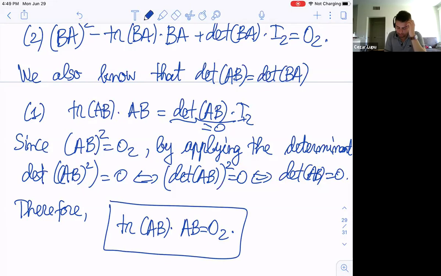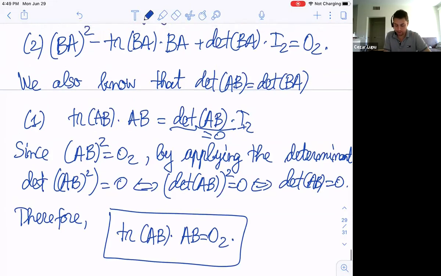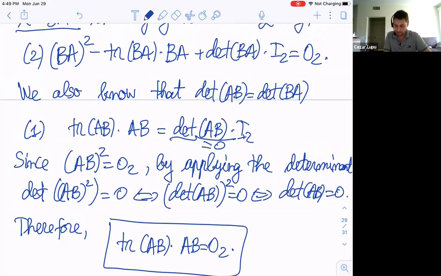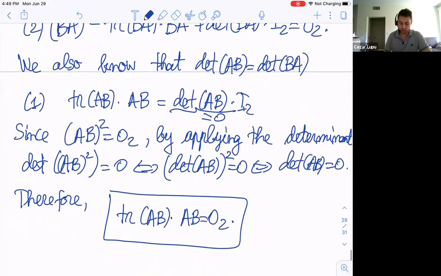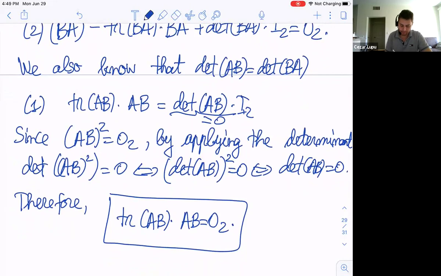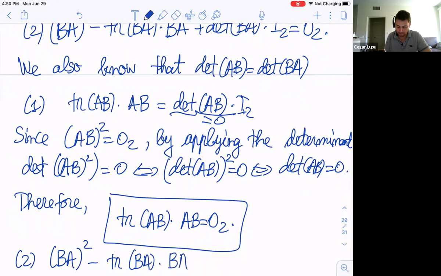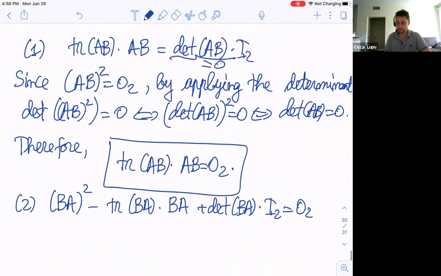From here we need to do something, so let's look again at equality 2: BA squared minus trace of BA times BA plus the determinant of BA times the identity equals the null matrix.